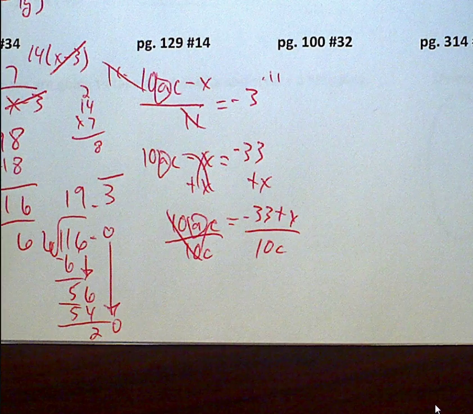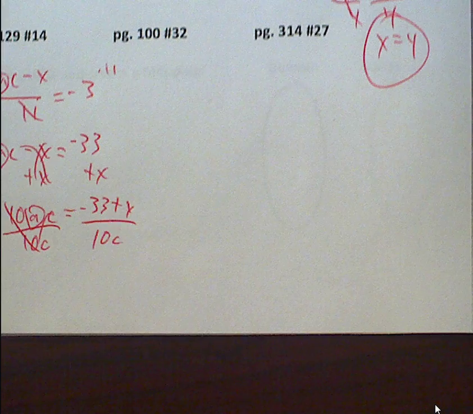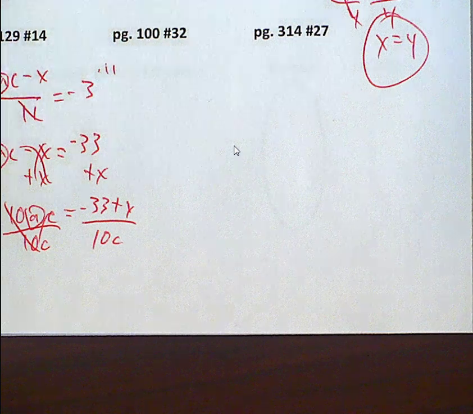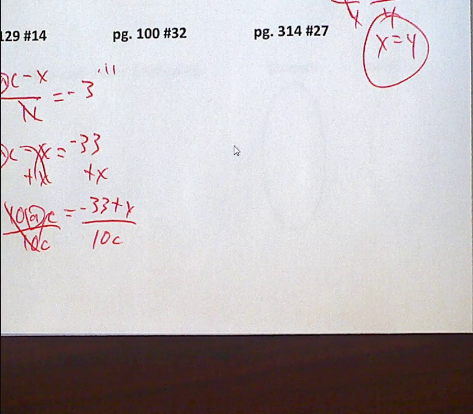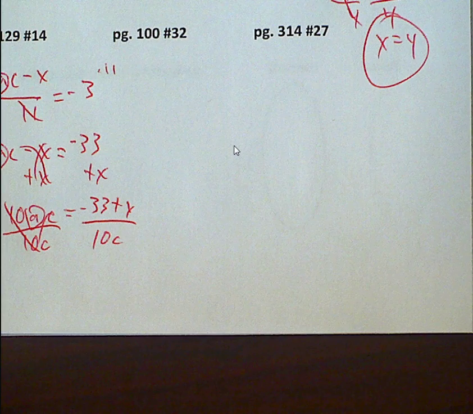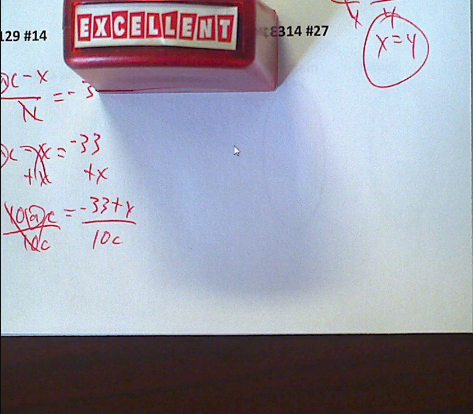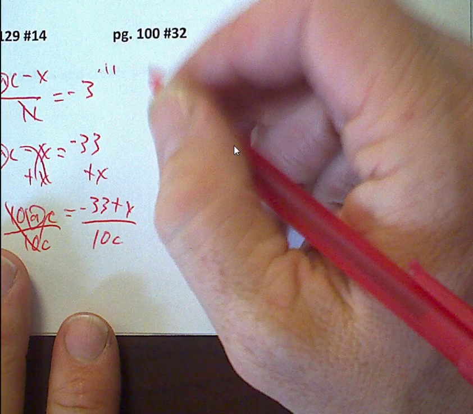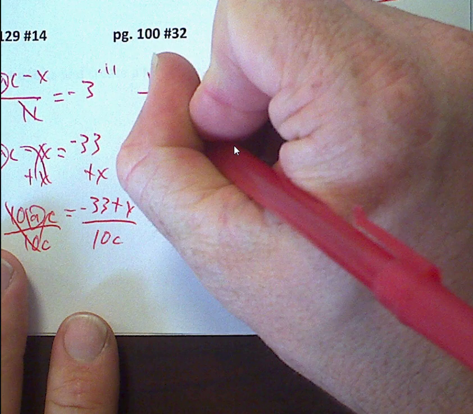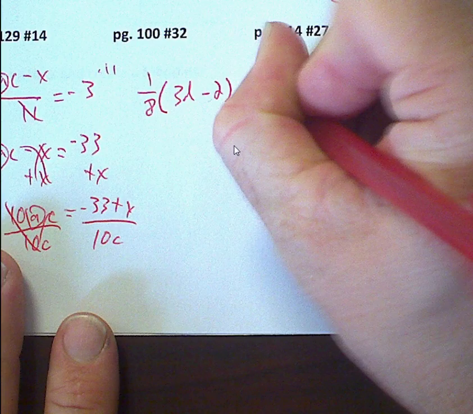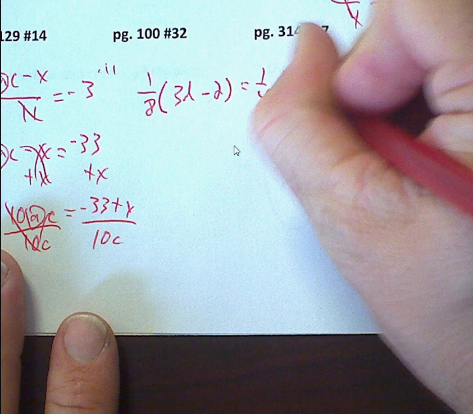Page 100, number 32. Pause the video and try. On number 32, 1 over 8 times (3d minus 2) equals 1 over 4 times (d plus 5).